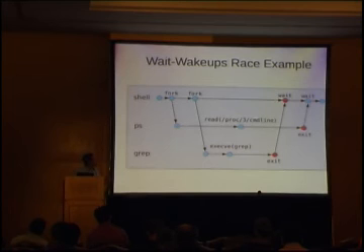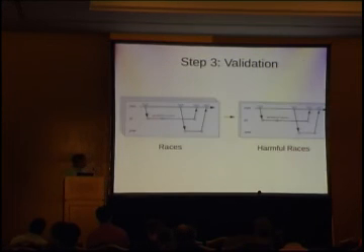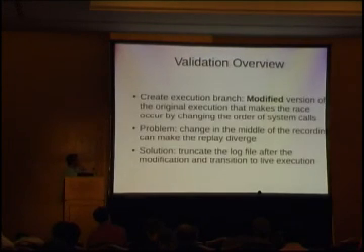So, which leads us to the third step, validation. Based on all the races we detected, we need to keep only the harmful ones. We do so by creating a modified execution based on the original recording that makes the race occur by simply reordering the race's system calls.